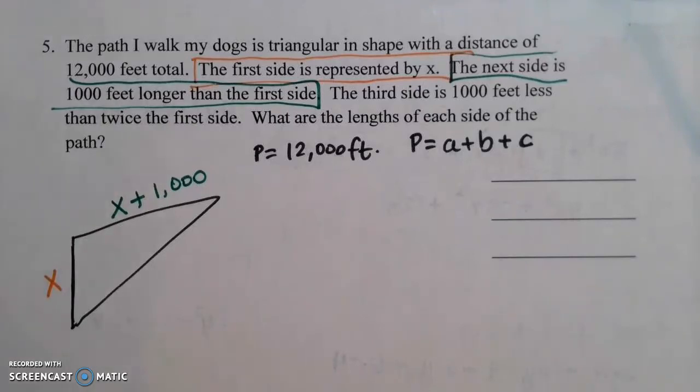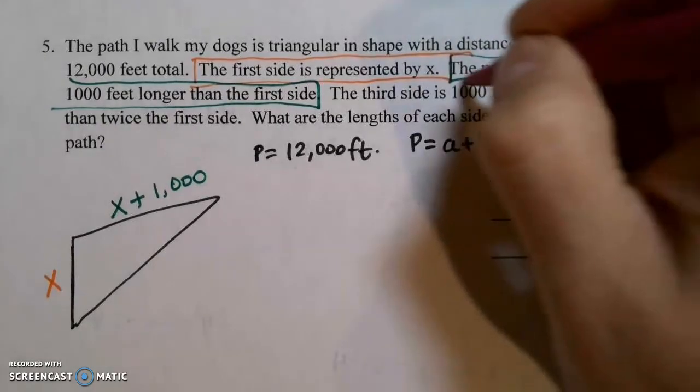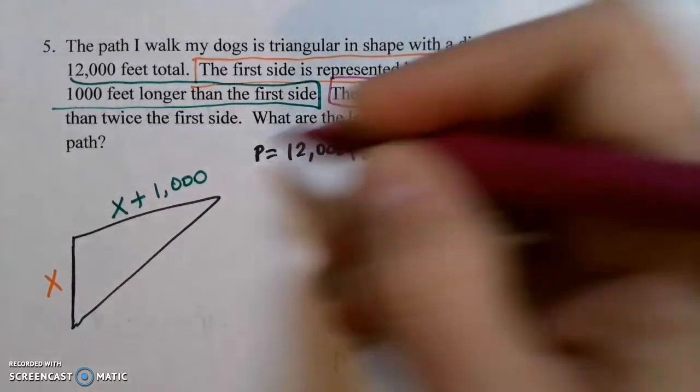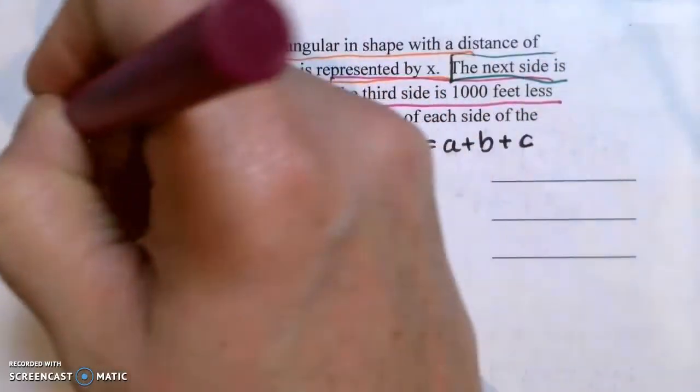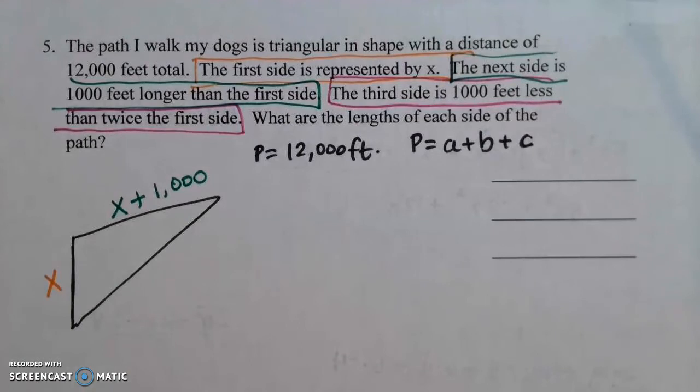And then the third side is 1,000 feet less than twice the first side. 1,000 feet less than twice the first side. Okay, so twice the first side, that's our math code word for multiplying, and specifically multiplying by 2.